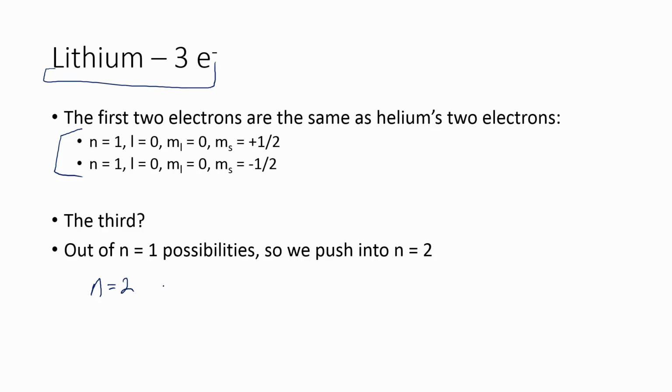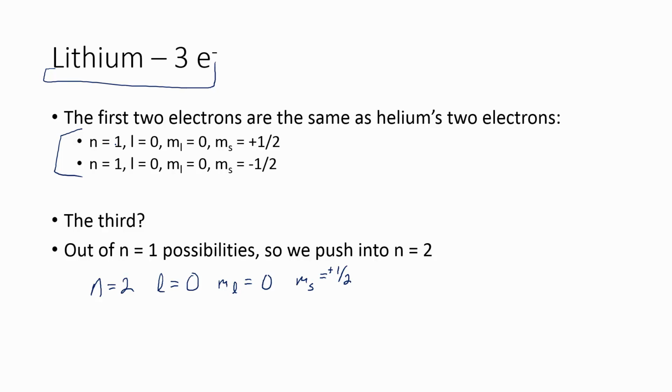Well, n equals 2, we have a couple of possibilities for L. L can be 0 or 1. So let's start with the lowest one, L equals 0. So M sub L only has one possible value, negative L to positive L, so 0 to 0. And M sub S, plus 1/2 or minus 1/2, so we'll start with the plus 1/2 again.